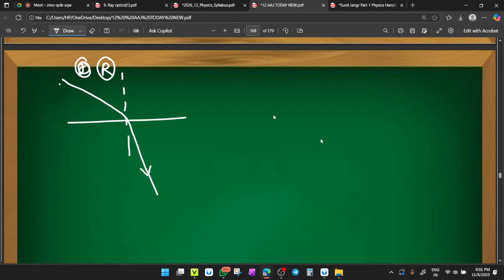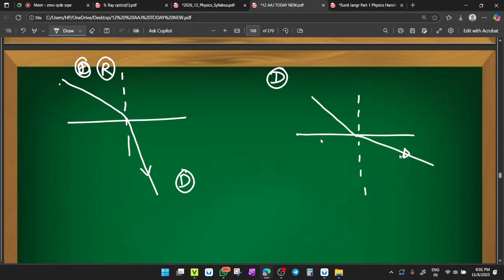And when a light ray is coming from denser to rarer, it bends away from the normal. Okay or not? Clear or not clear?